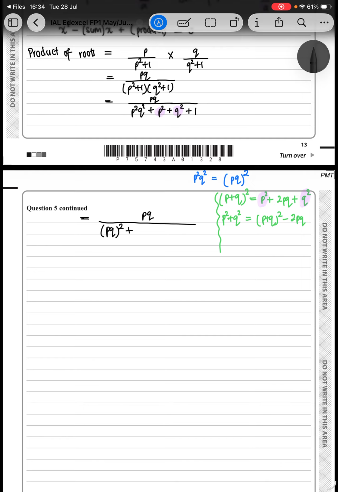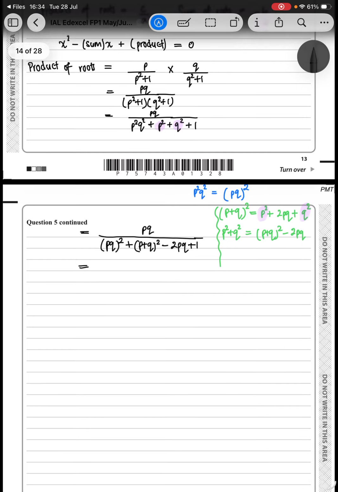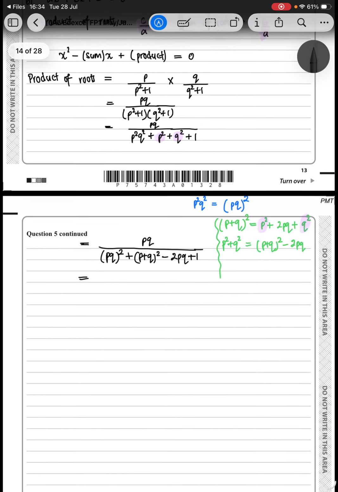So we write this as P plus Q whole thing squared minus 2PQ. The plus 1 stays as it is. And now we substitute in the values because all we have in this fraction is PQs and P plus Qs. So PQ, if I remember it, is 5 over 2.